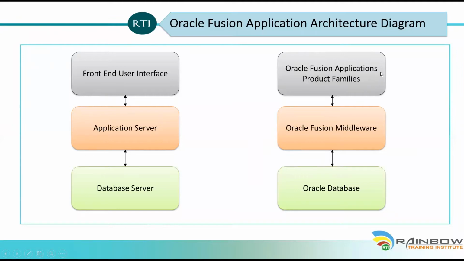Oracle Fusion applications are nothing but an ERP software, right? Where we have the functionalities available, ready-made in that product. So Oracle has many product families spanned across the Fusion applications.